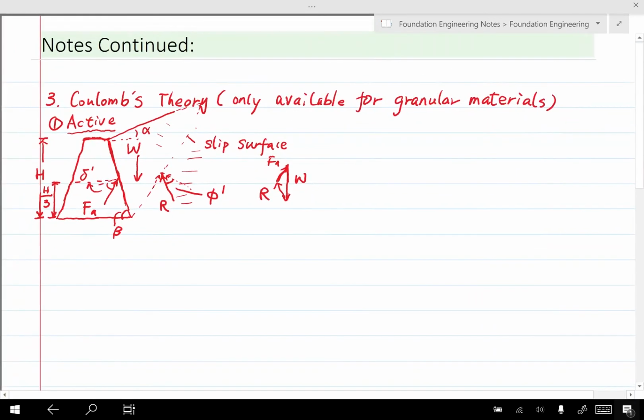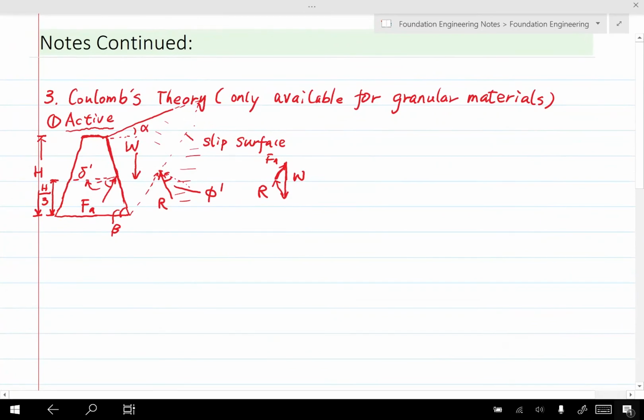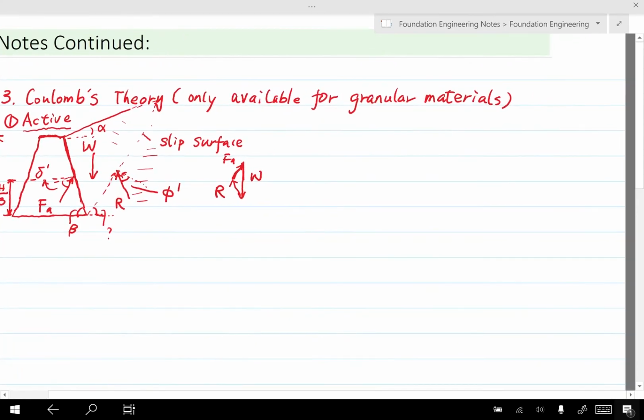But some of you may ask, we still need to know some other things so we can determine the magnitude of FA based on weight. Because as long as we know the angles, as we know the magnitude of weight, we can calculate the FA. But the problem is that we don't know these angles. We even don't know the location of the slip surface. So to do that, we introduce one more angle. That is this angle. We don't know this angle. So what we do is that we try different values for this angle that we marked with a question mark.